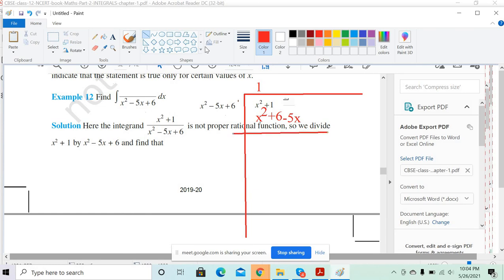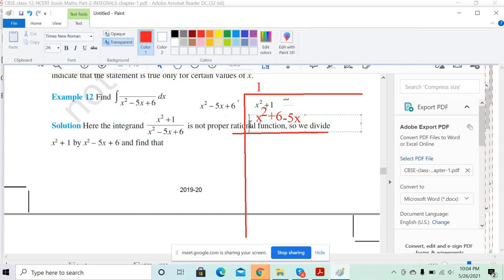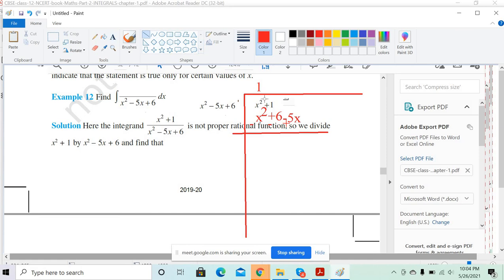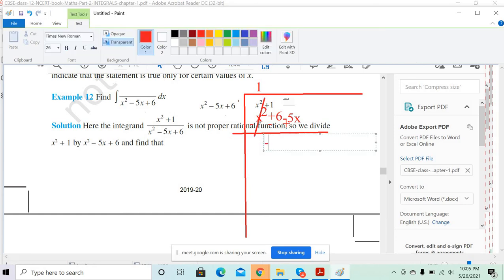Okay. Now change the sign. Now this will become minus, this also will become minus, plus will become minus, and this minus will become plus, correct? So this x square cancelled here. So minus x plus 1 is minus 5 plus 5x, isn't it?